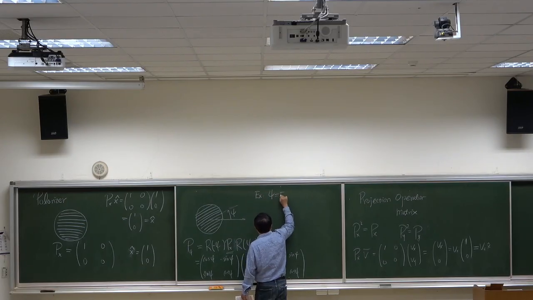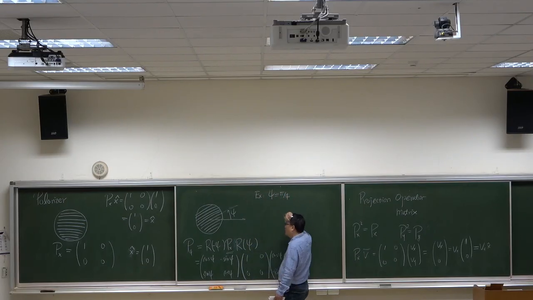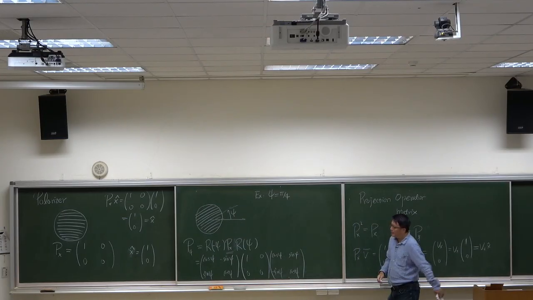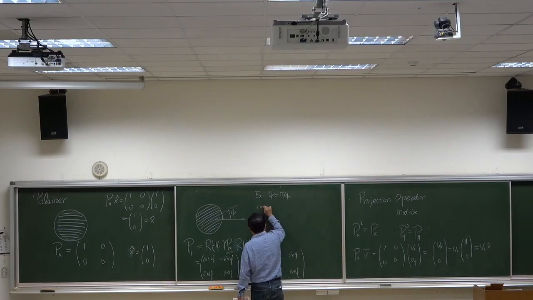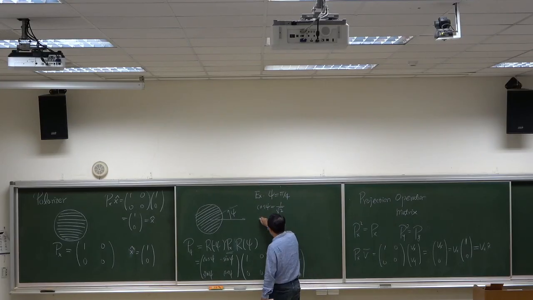Okay, let's give an example. For example, psi is equal to 1/4 pi. Then we know that cosine psi is equal to 1/√2, and sine psi is also equal to 1/√2.